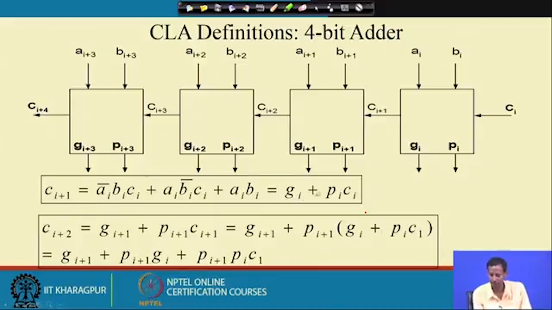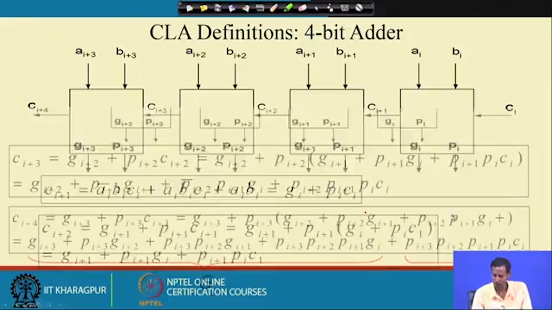That is Gi plus Pi into Ci. Then Ci+2 is computed using Gi+1 plus Pi+1, where instead of i it will be i+1, while Ci is now this Ci+1, that will come over here.